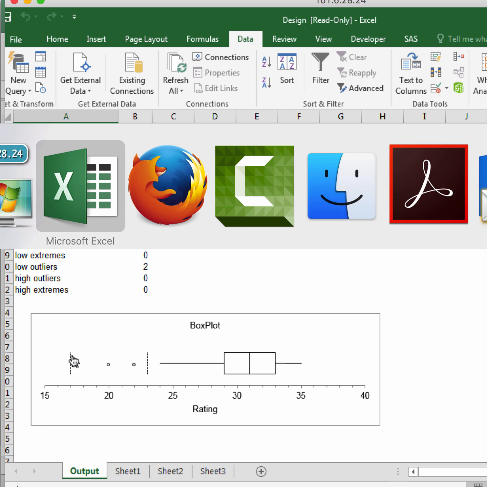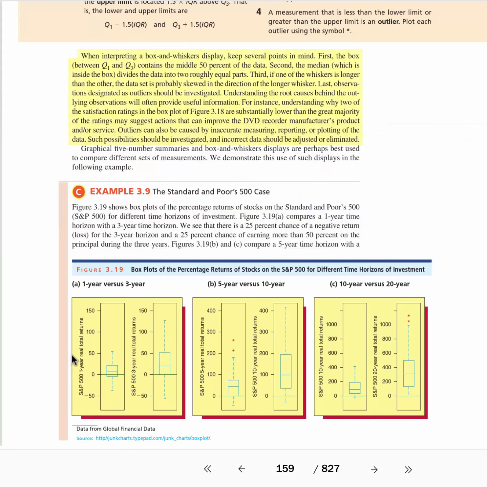So I would advise you, when you do the exercises in your chapter, to go over each one of them and try just to practice how you can plot the box plots and try to have an analysis of your data.